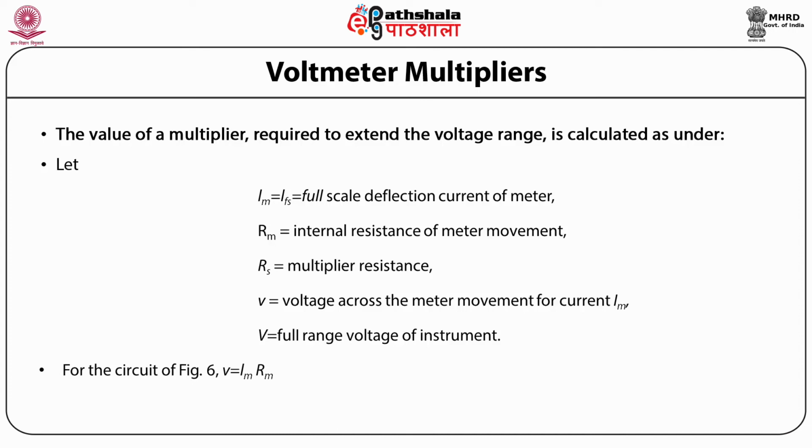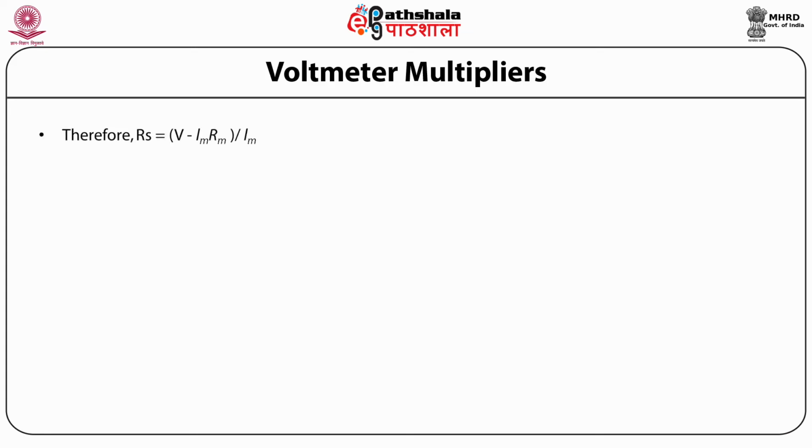For the circuit of figure 6 in the previous slide, small v is equal to Im Rm and capital V is equal to Im multiplied by (Rm plus Rs). Therefore, Rs is equal to (V minus Im Rm) divided by Im. We can also express the result in terms of the multiplying factor of the multiplier.